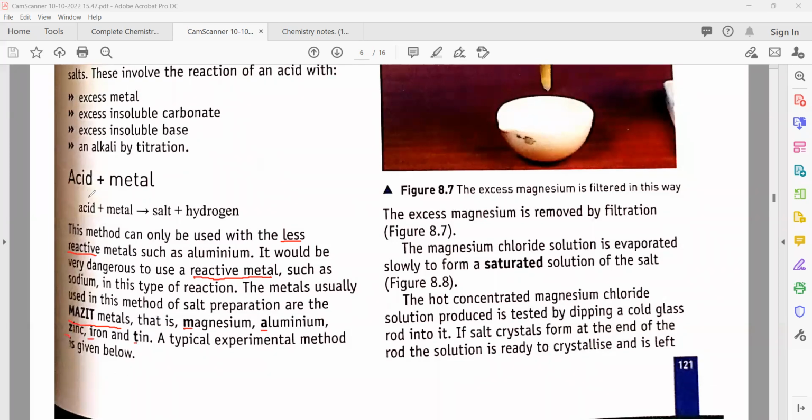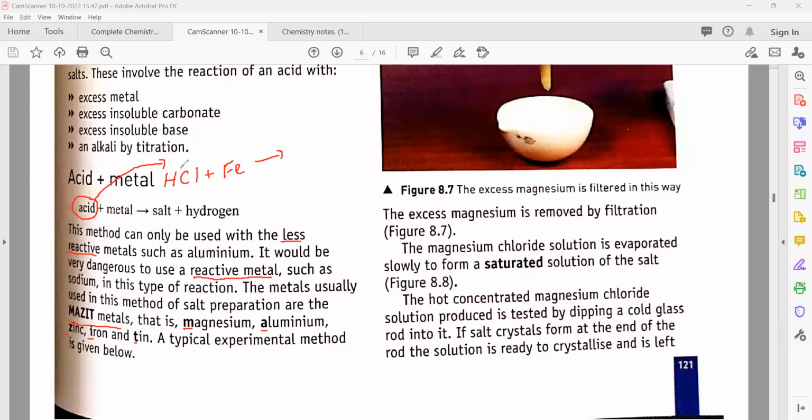So from the acid, you know what will come. Maybe anything, like you can take an acid like HCl. Again, we will take it here. That is an acid, and from here, any metal you can choose. Like I'm going to take a metal like iron, Fe. Now after that, what happened? A salt is formed.